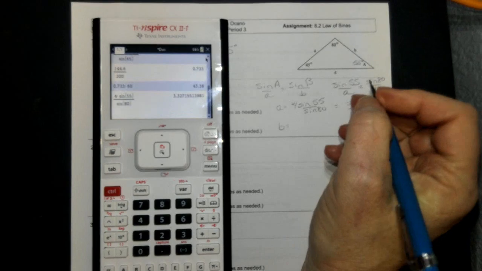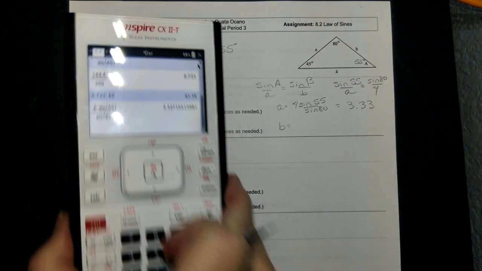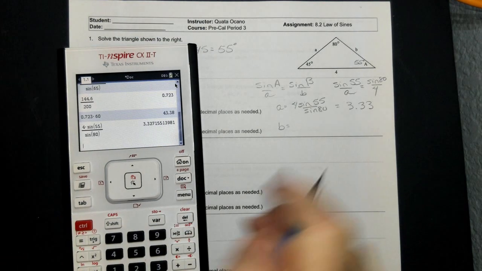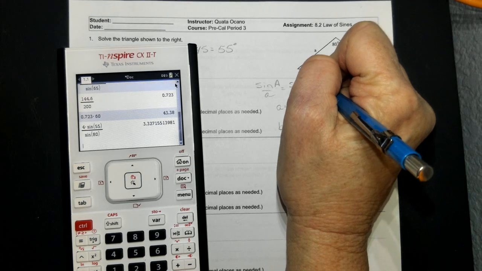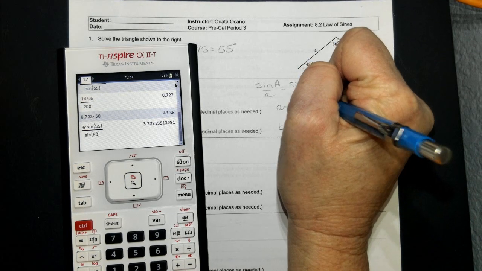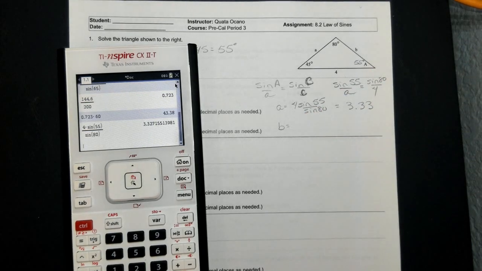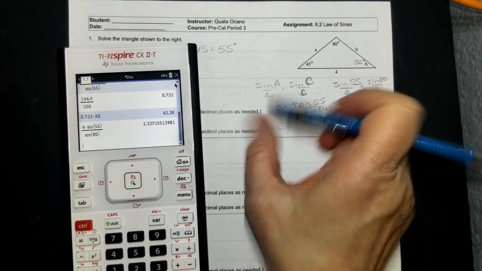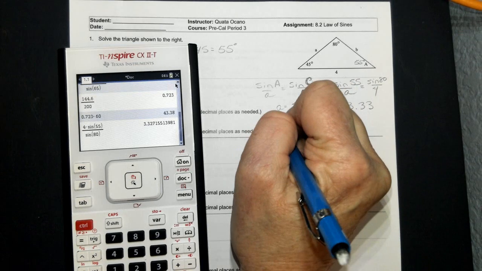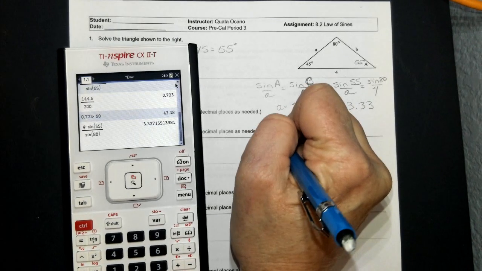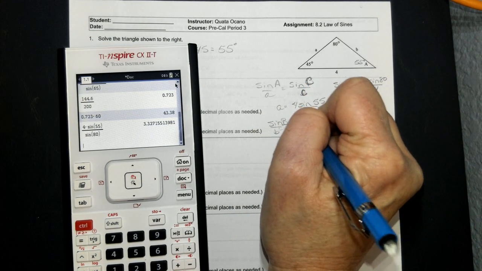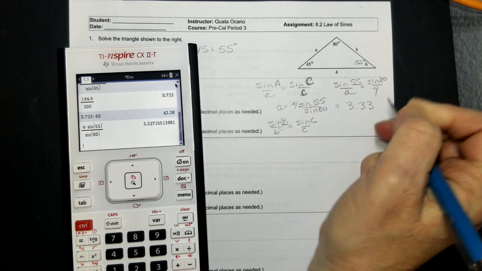B will be, I'm sorry, which one is left? Yeah, so let me rewrite this just to keep it clean. Let me start over, let me write this as the law of sines first. So sine of B over little b equals, keep the same sine of C over c.